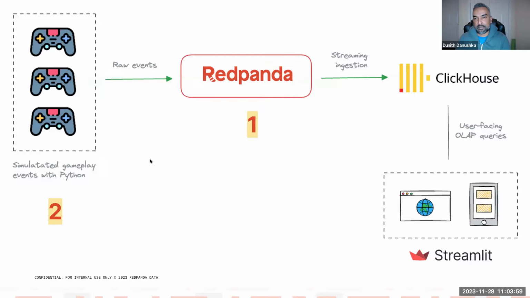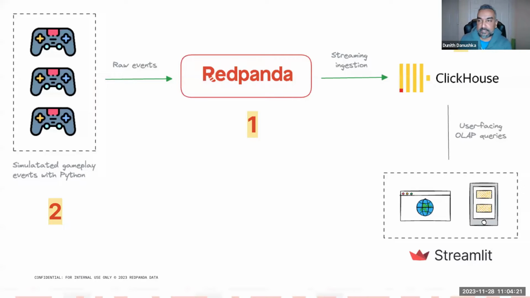The interesting part is why we're putting Redpanda in the middle. A lot of the gaming industry would receive these events, but why is it a good idea to have Redpanda in the middle to intercept them?